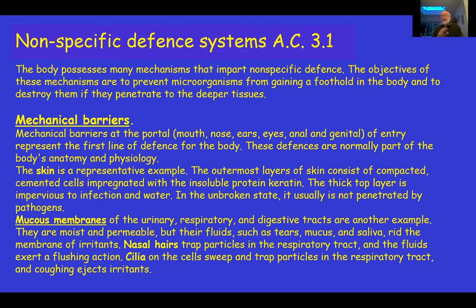And pathogens, if they do land on your skin, are outcompeted by what we call commensal bacteria and microbes, because they're saying, hey, this is our patch, and they outcompete those pathogens for the nutrients that are there.